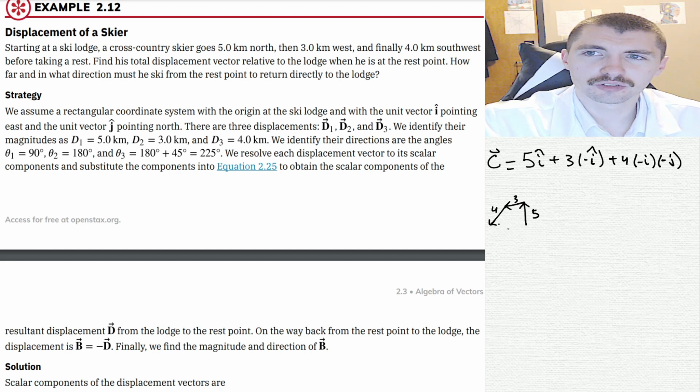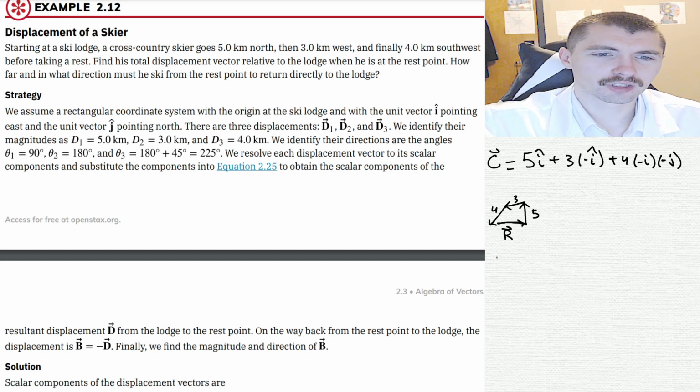It wants to know, let's say this is our return vector. They want to know this and the direction of it. So remember, vectors have a magnitude and a direction. So we need to know the magnitude of r and the direction of r. I'm not sure, this might not be 180 exactly. Just heads up.